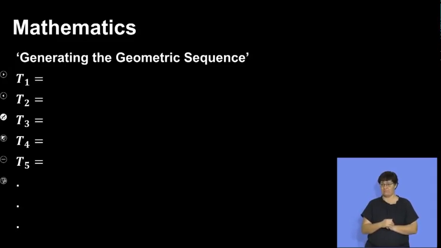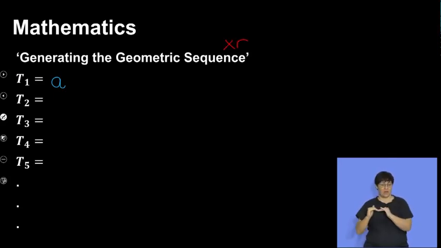So we have T1 is equal to A. And we know that each term of a geometric sequence is multiplied by the common ratio to get to the next term. So term 2 will be AR, because it's going to be the first term multiplied by R.